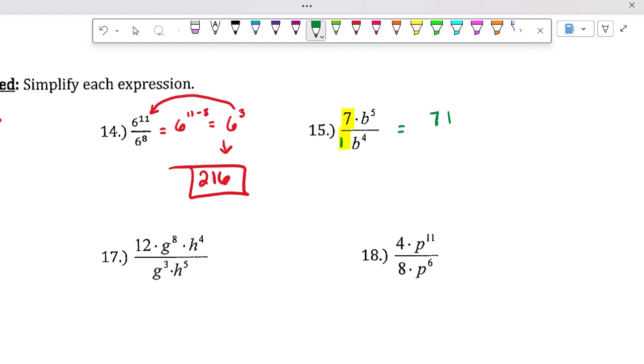And then I have b raised to the 5 minus 4. So my answer would be what? 7 times b to the what? 1. So just b. Everyone following so far?